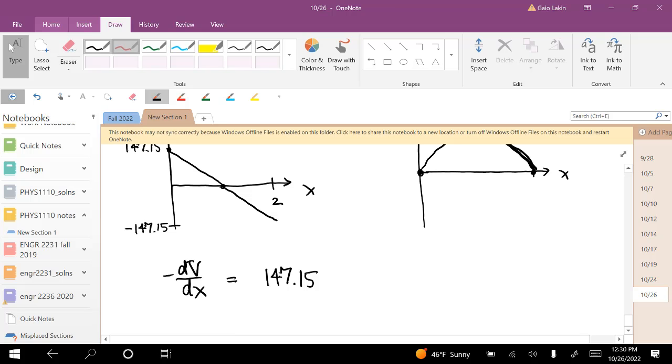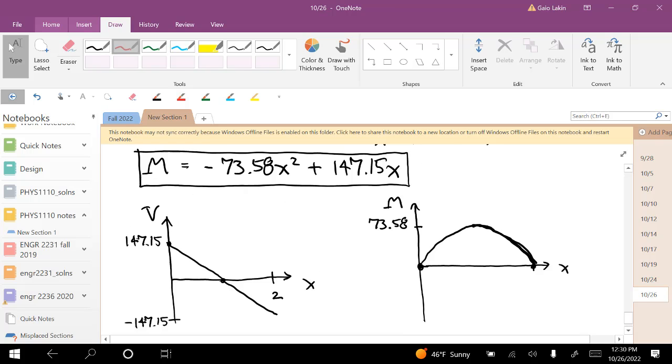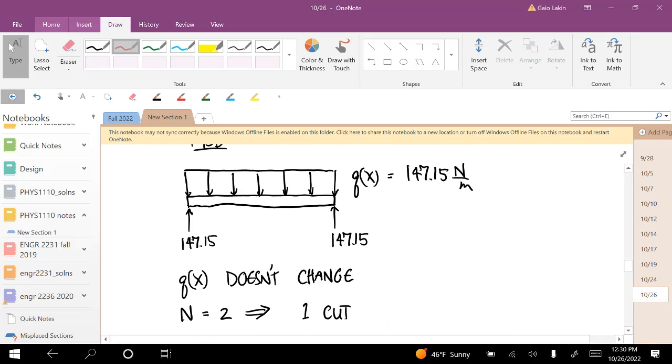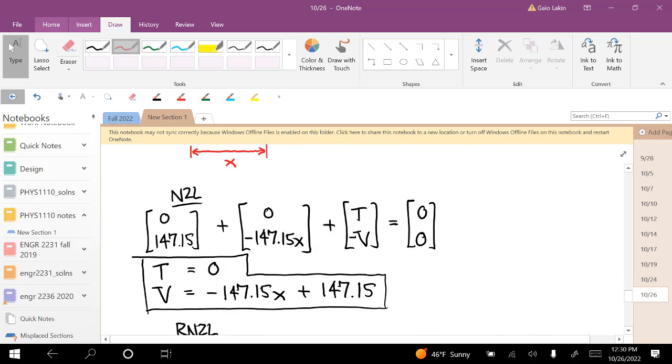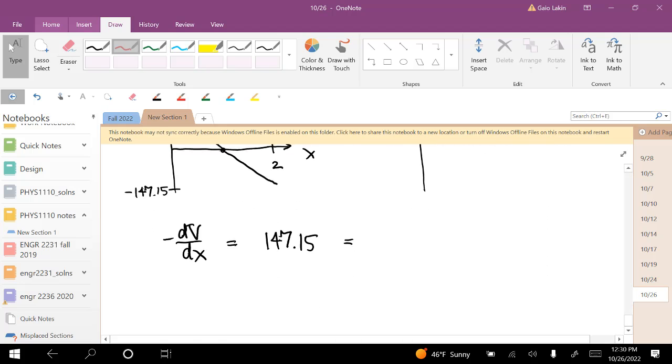Okay. And that is equal to, if you go back to the top, our q. And that's always true. So negative dv dx is always equal to q.